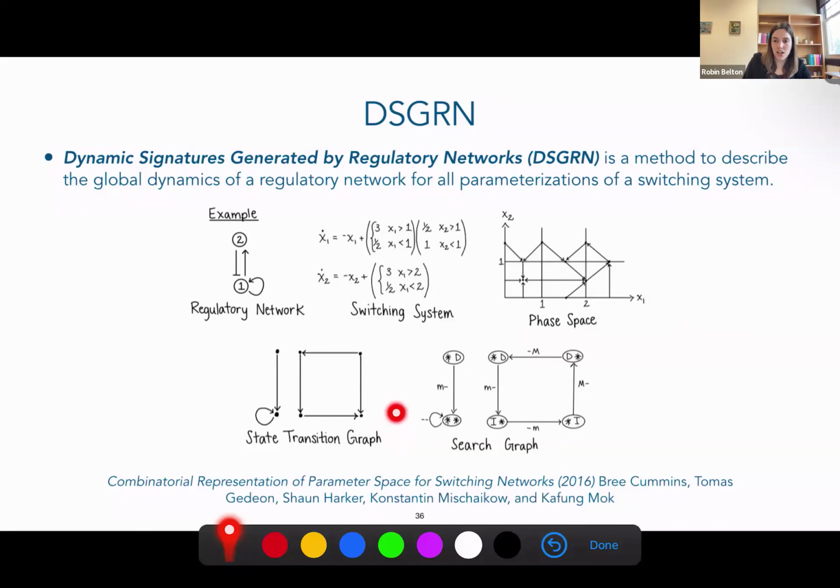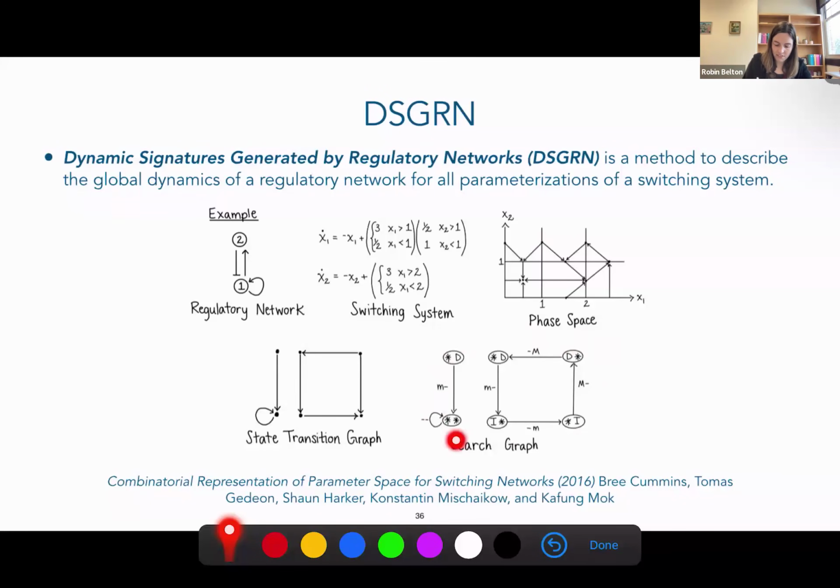A state transition graph can be produced, which summarizes the phase space. In particular, each of these cell blocks corresponds to a node or vertex, and the arrows summarize where the trajectories are going from one cell block to another.